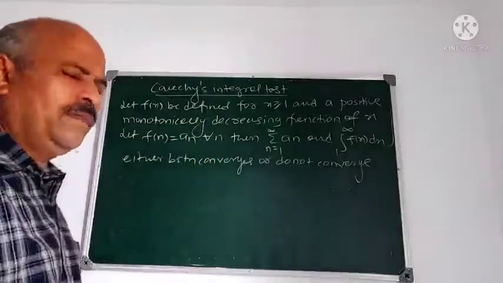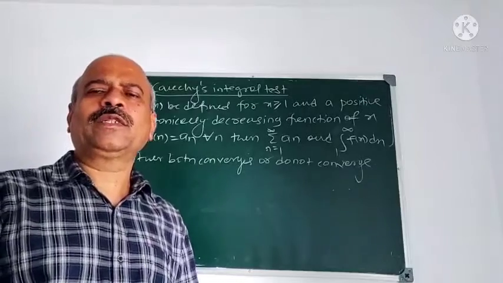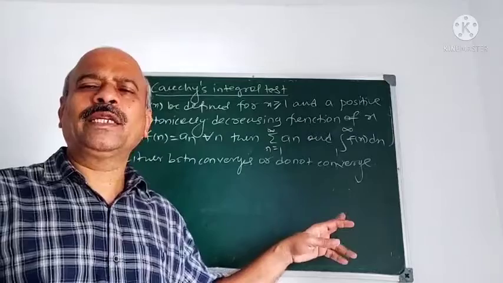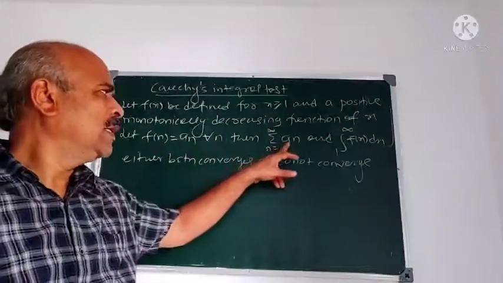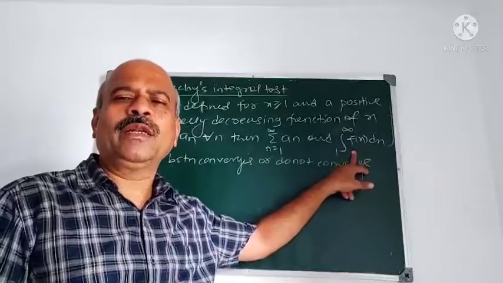This is called Cauchy's integral test. What does the test say? Study carefully the integral test, because convergence of the infinite series depends on convergence of this integral. It is called improper integral.